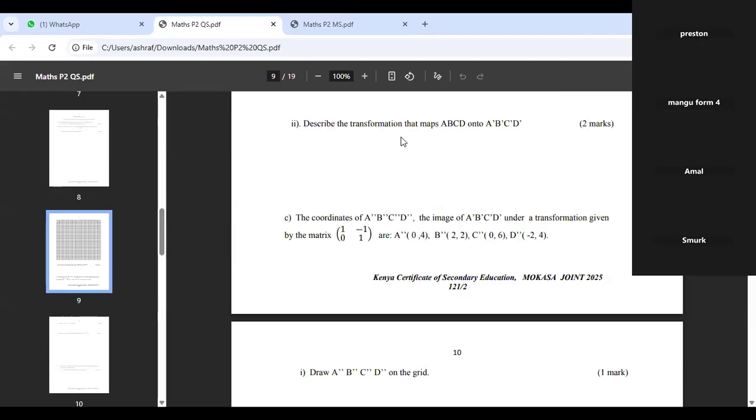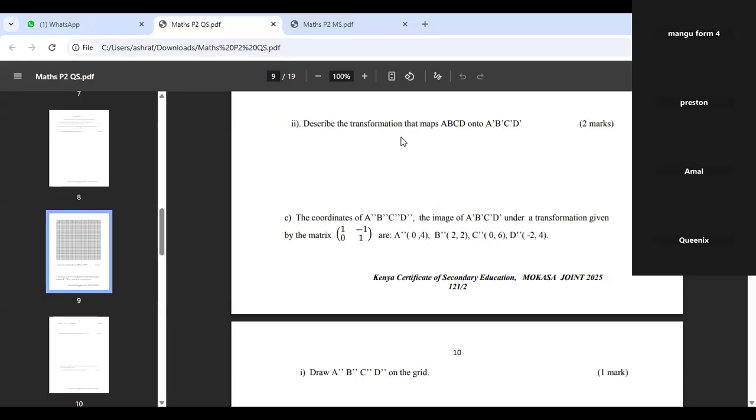So, the second formula. Okay, let's call the first, when we were transforming A, B, C, D to A prime, B prime, C prime, D prime, we have a matrix 0, -1, 1, 0. So let's call that matrix X. You can call it capital X. Are you together? Yes. Then we also have a matrix that transformed A prime, B prime, C prime, D prime onto the second image. Here, 1, -1, 0, 1.